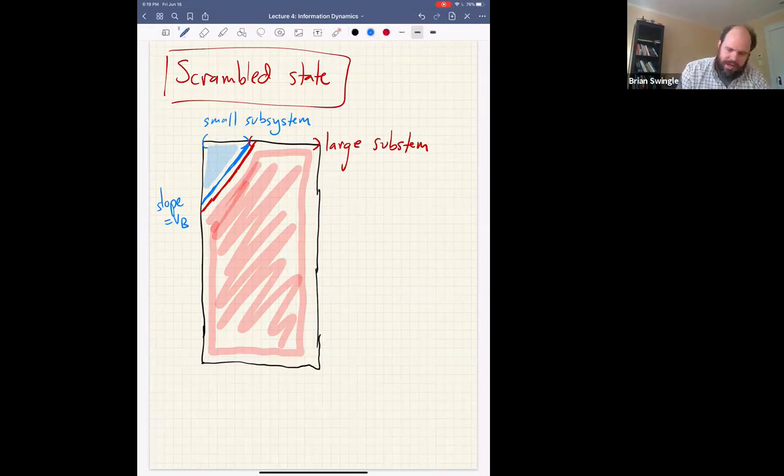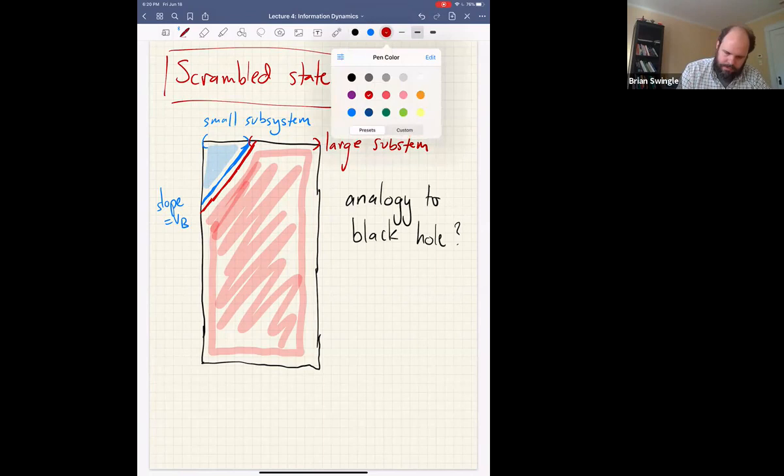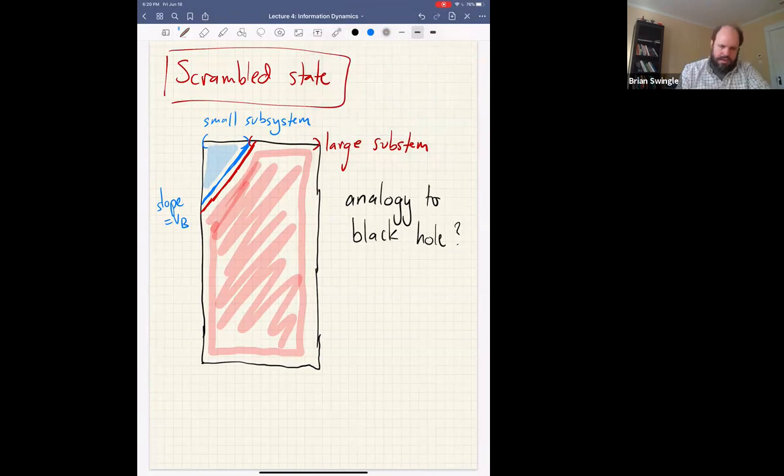And now I want to make an analogy to a black hole, which looks like the following. You can see that if I look at this circuit, the small size region never penetrates into the circuit farther than a certain point.